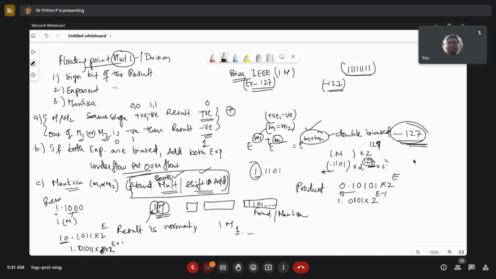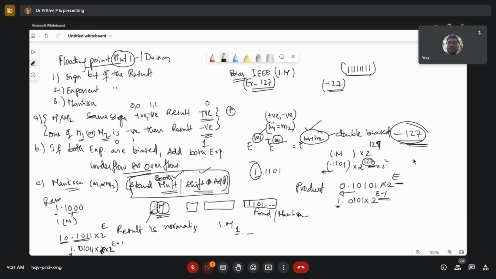So when your mantissa portion is not in the normalized 1.m format, you have to shift the product towards left or right. Accordingly, your LSB bit has to be adjusted as 1, and the correction in your exponent has to be done, either incrementing or decrementing the value.